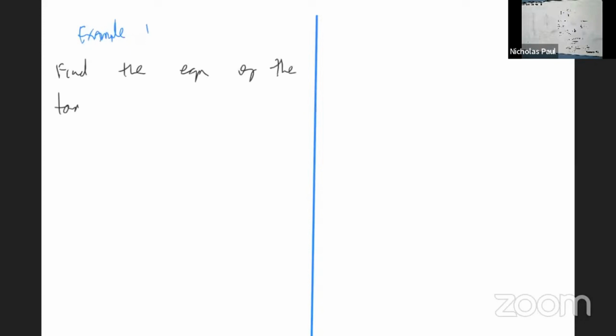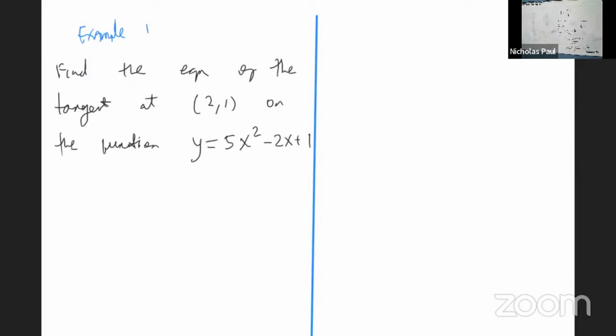Find the equation of the tangent at (2, 1) on the function y = 5x squared minus 2x plus 1. So you want to get the equation of the tangent at that particular point.